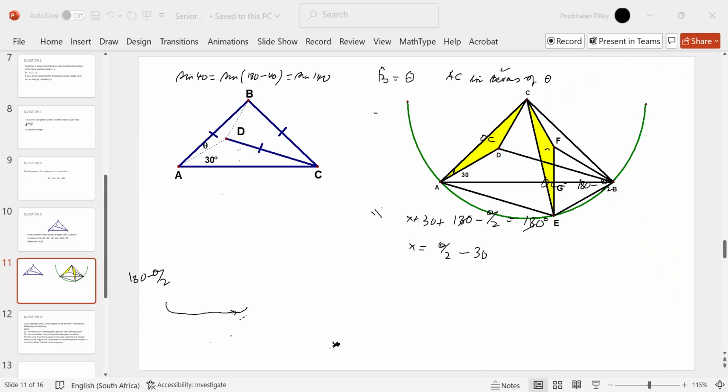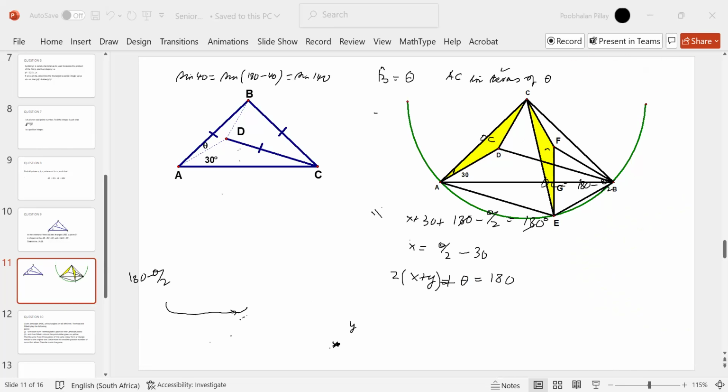All right. Now let me try to calculate this y, this angle here, in terms of theta. Now notice that x plus y, this whole angle here, plus this angle here, plus theta is 180.